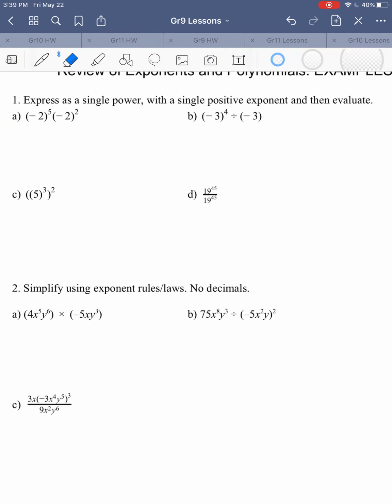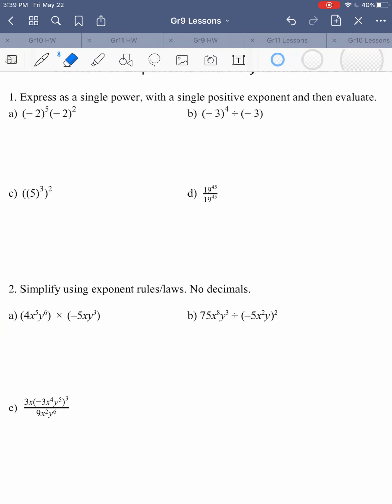In our first example, we want to express our answers as a single power with a single positive exponent, and then we want to evaluate. So our first one, 1a, we have negative 2 to the power of 5 times negative 2 to the power of 2. Now when we're multiplying, we want to add our exponents.